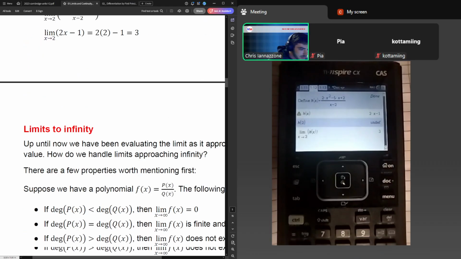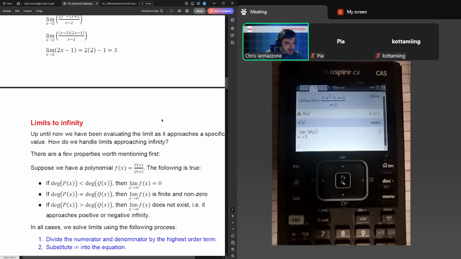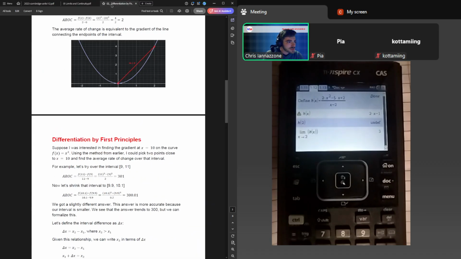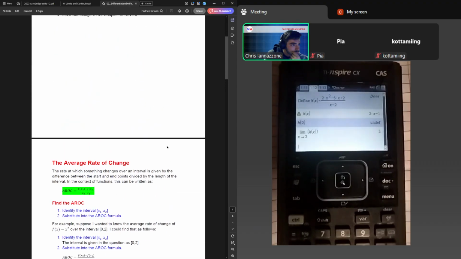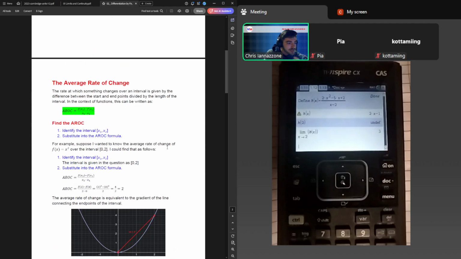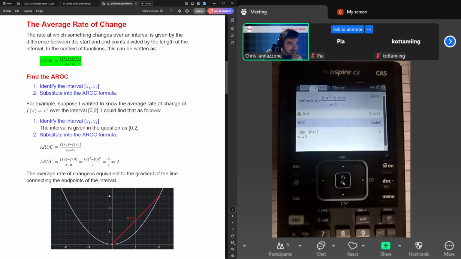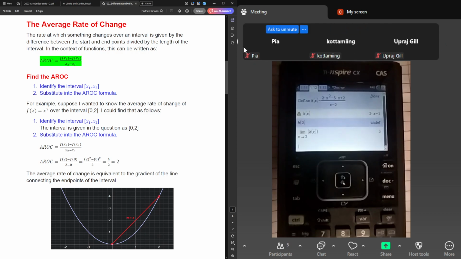Cool. All right. That's pretty much all we need to know about limits so far. There is a lot more to talk about for that particular topic, but that's for another lesson. All we need to know is enough to now move on to differentiation by first principles. So to start this off, we do a very simple revision, which is the so-called average rate of change.